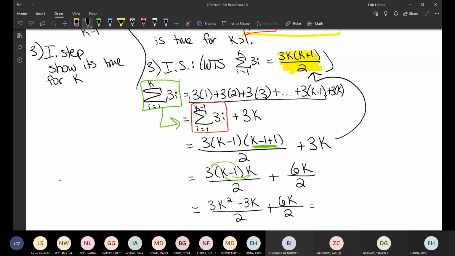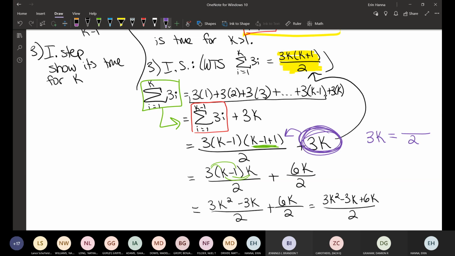Common denominator means that I can just squish those together. And why did it become a 2? I'll talk about that in just 1 second. So the 6k, essentially I have this 3k right here, and I want to add it to this other term, but the other term is over 2. So I essentially need to turn 3k into something over 2. So if I think about this as 3k over 1, if I want to turn it into over 2, I would have to multiply the numerator and the denominator by 2.